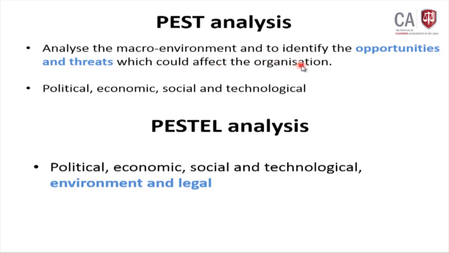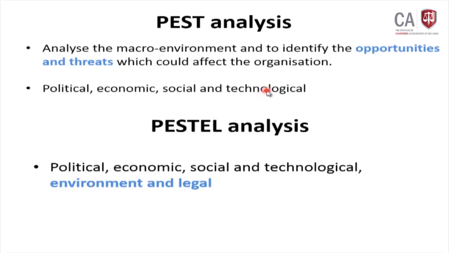In the organization, there can be so many opportunities that the organization can look into, in the economic and social environment, technological environment, political environment. Let's say that the organization is looking into purchasing an ERP as a new technological involvement.